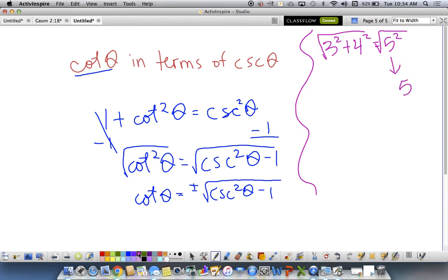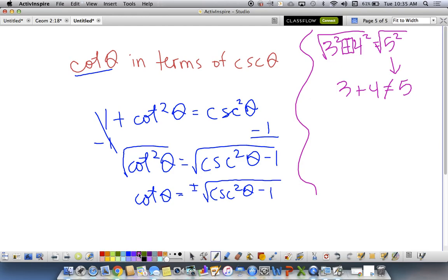If I take the square root of 3 squared and 4 squared, you're telling me 3 plus 4 equals 5. Is that true or false? False. Why can we not just take the square root of each piece? Because you have to square them and add them together, then take the square root of that answer. When there's a plus or a minus inside, you can't just pull it apart.